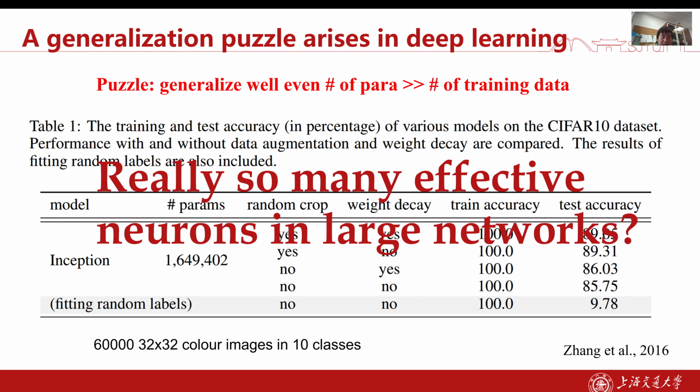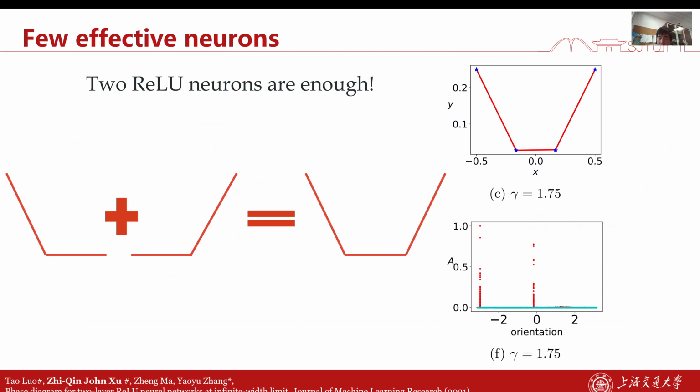The question we ask is: are there really so many effective neurons in these large networks? We have shown that actually, for this very simple case, although we use like 100 or 1000 neurons to fit these 4 data points, after training there are actually only 2 effective neurons remaining.